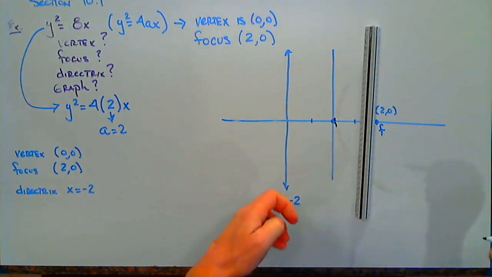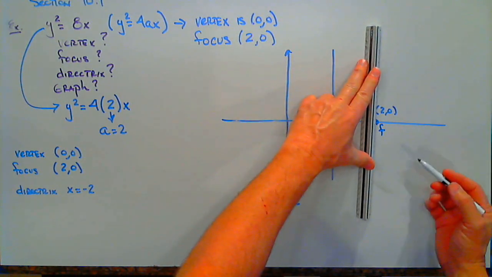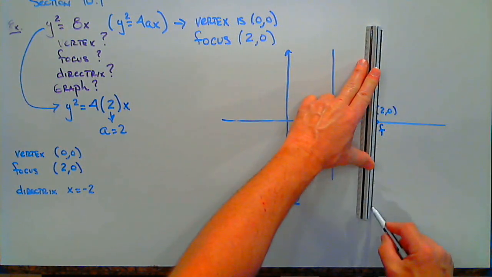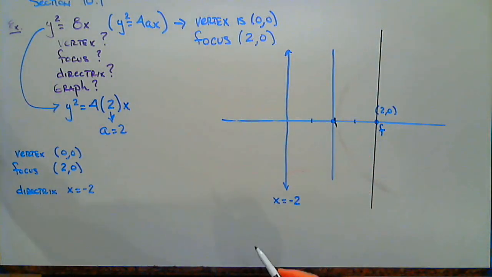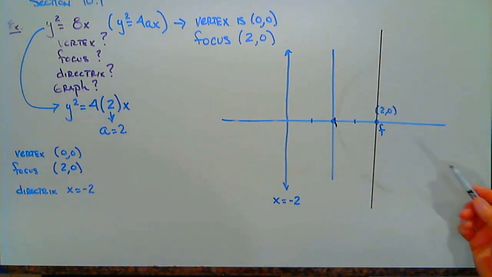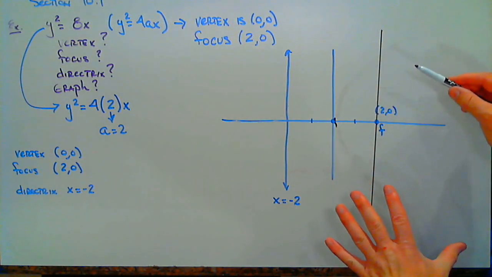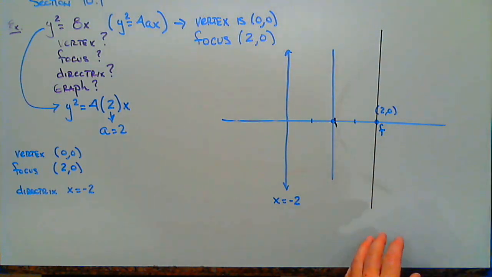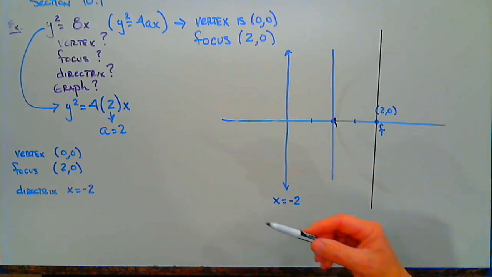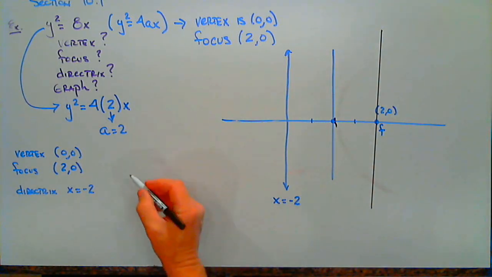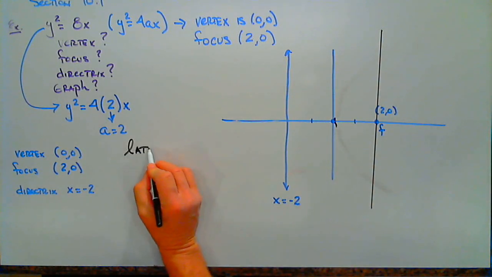We know, because we took good notes on the previous example, that somewhere on this line, there are 2 points that lie on our parabola. Our parabola is going to come around here and come around here. It's going to intersect this line. How and where it's going to intersect the line, that's another story, but it's not a hard story. We know that we're going to look at the latus rectum.